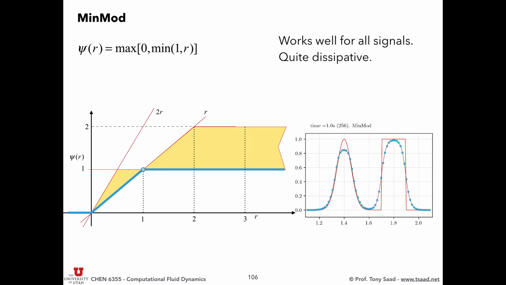So the min mod actually takes the lower boundary of the second order TVD region. All of the TVD schemes start from here, 0, and hit the point 0. Then they're somewhere in this region, but they have to go through point 1 if you want to be second order.